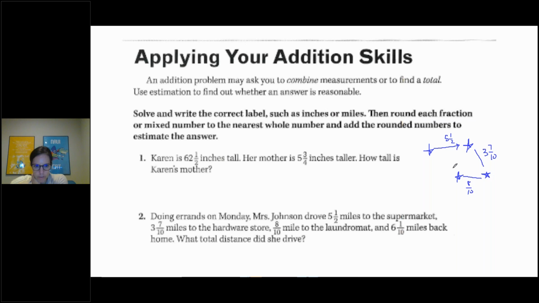And then from the laundromat back home was 6 1/10 of a mile. And they said, how far did she travel? You're right. You have to add all of those together to figure out how far she traveled. Now, we don't have a lot of room on our paper, so I'm going to erase this beautiful diagram I just made with stars. Okay. Get my pen back.